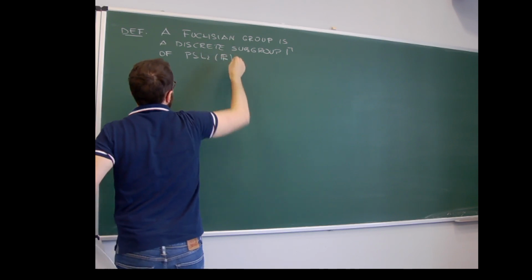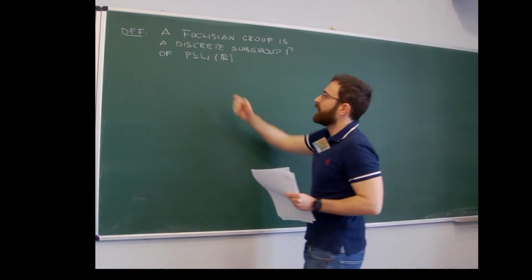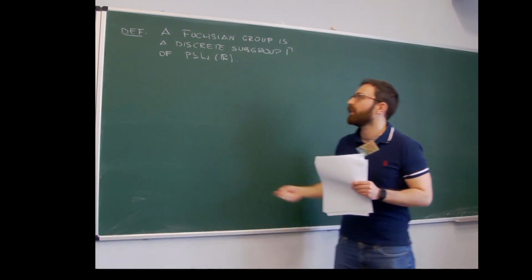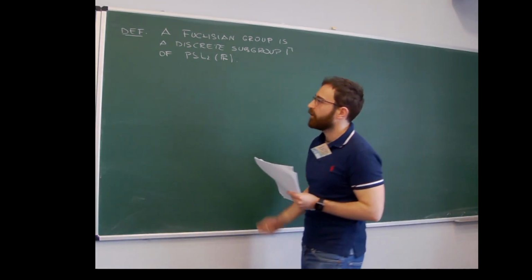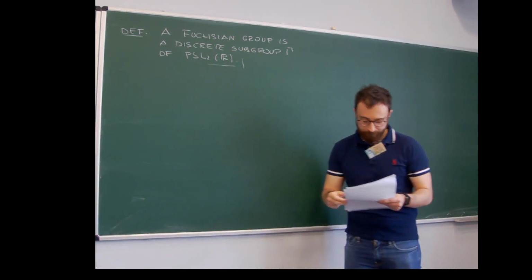Okay, so PSL2R has a topology because, in a way, one can see it as a manifold. Okay, so endowed with the structure of a real manifold, and so it has a topology.